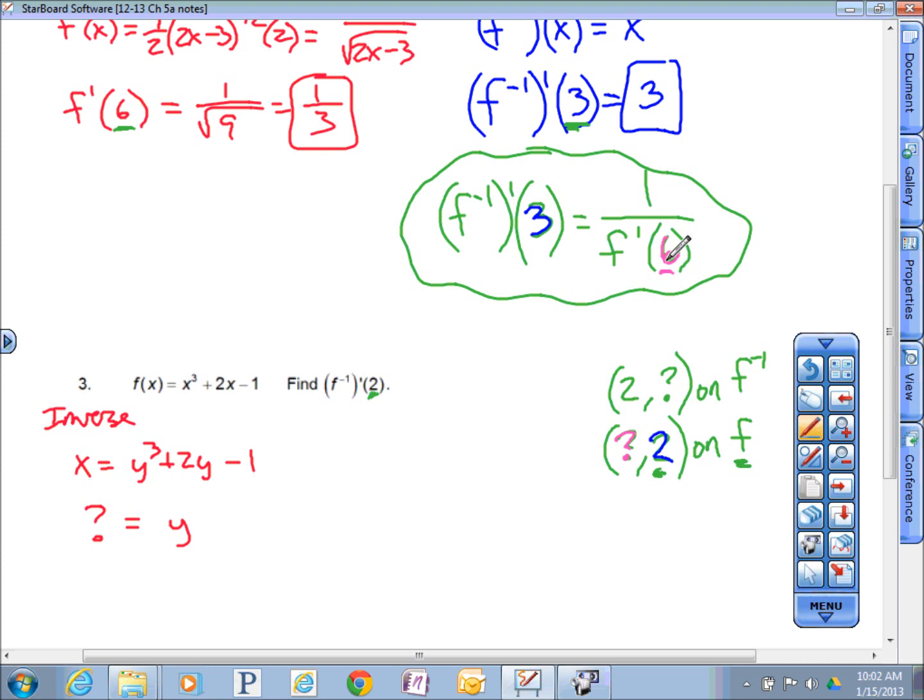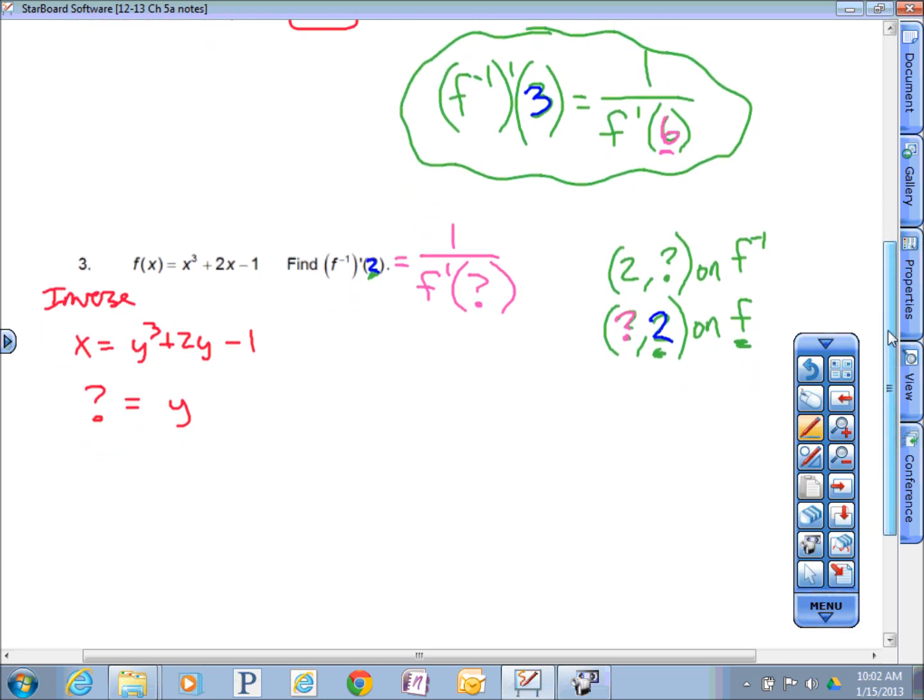So f inverse prime of, in this case, our blue 2 is going to be exactly the same as 1 over f prime of whatever that question mark value comes out to be. So we just have to come up with what that question mark is, and this is how you're going to do it. We're going to take that 2.